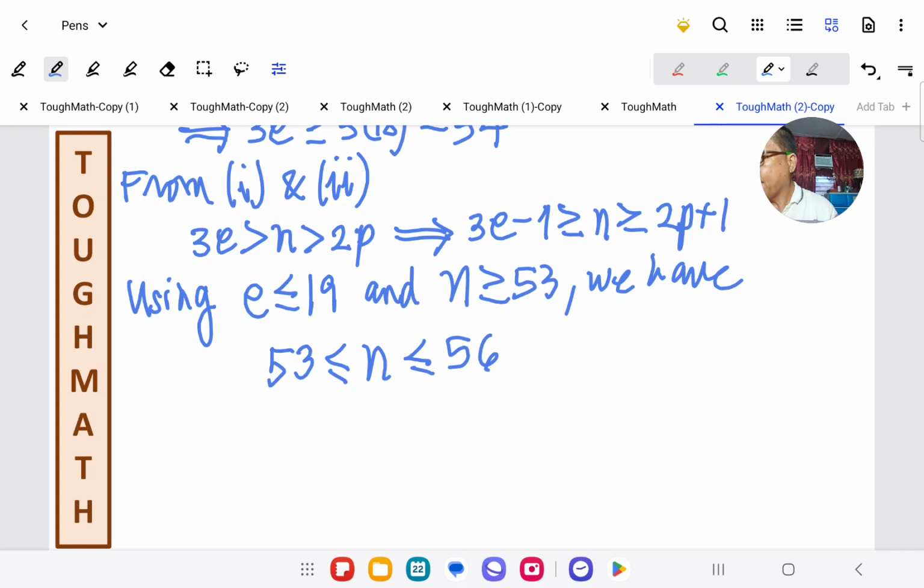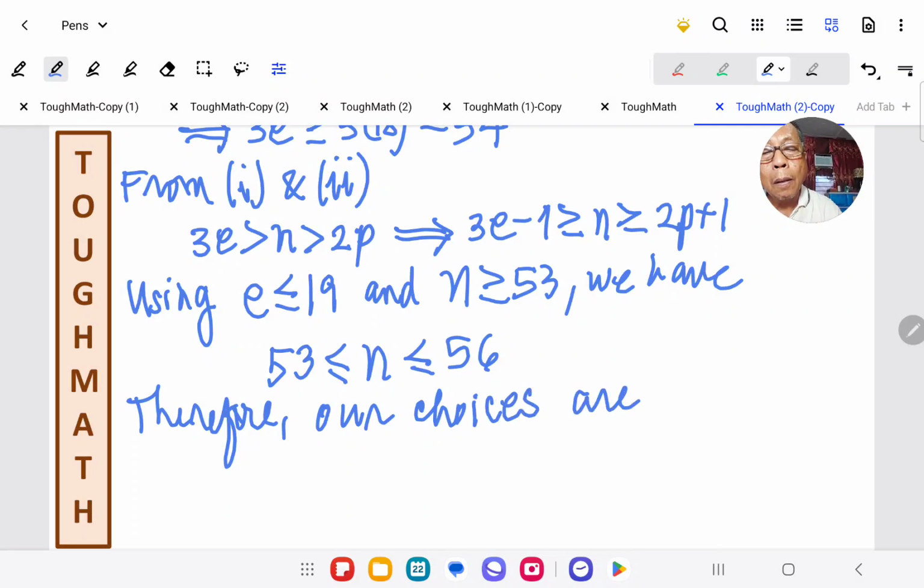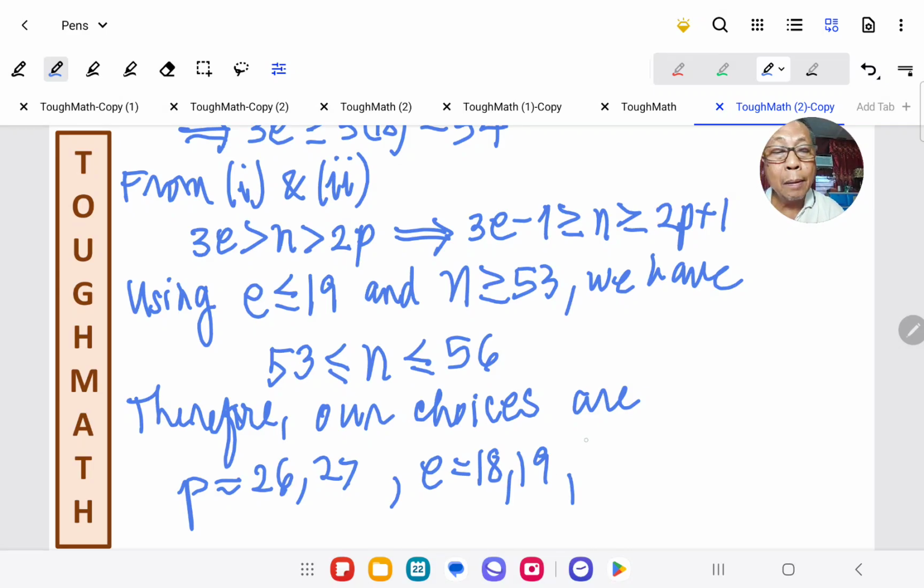So our choices are P is either 26 or 27, E is either 18 or 19, and N is one of 53, 54, 55, and 56.